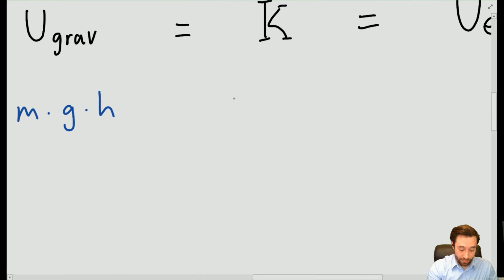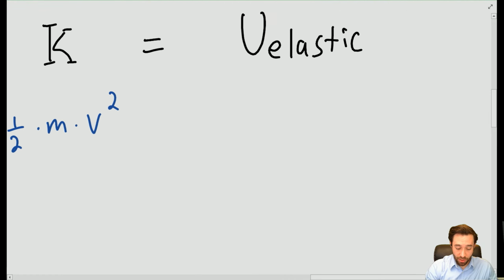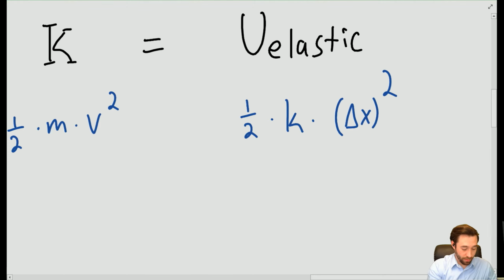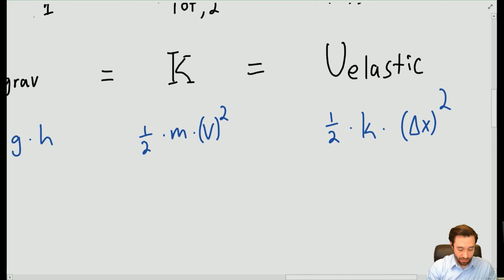Kinetic energy is 1/2 times the mass times the velocity squared. And then U elastic is 1/2 times the spring constant times the amount that the spring is being compressed or stretched, squared. And then I'm going to put parentheses over here with the kinetic one just to be consistent.